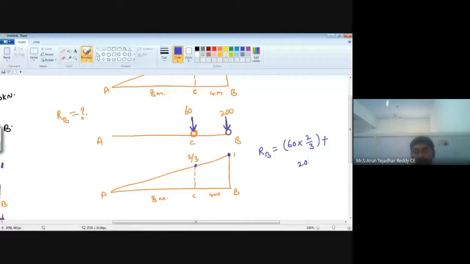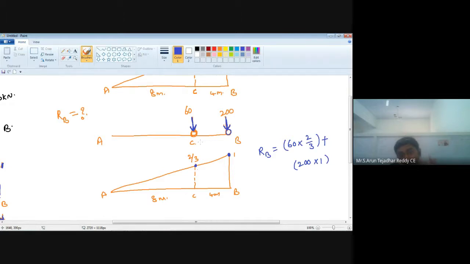200 into 1. Very simple. If it is a point load, it means load into ordinate, but if it is UDL, it means load into shaded area. Remember these two formulas. If it is point load, then the reaction value is load into ordinate.